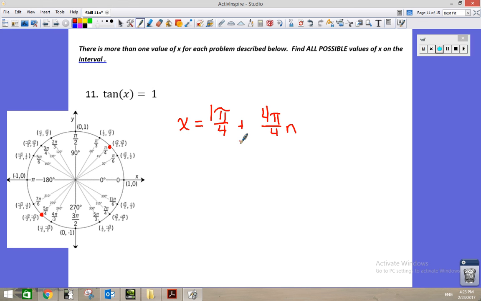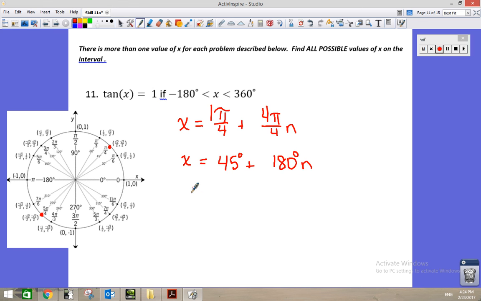They didn't want infinitely many. They wanted me to work in degrees. So let's write pi over 4 as 45 degrees, and let's write pi radians as 180 degrees.